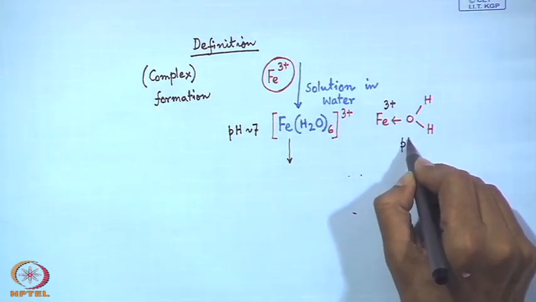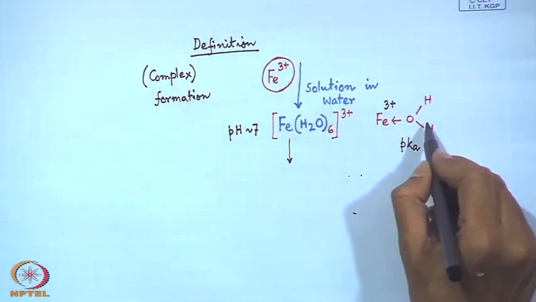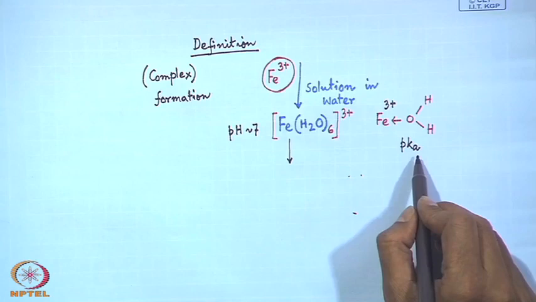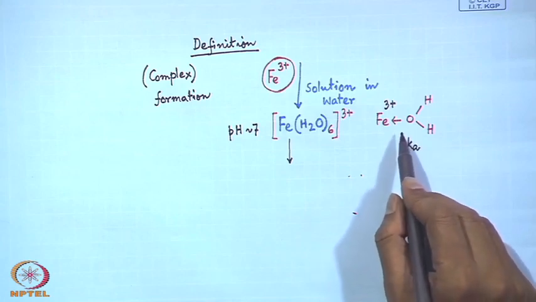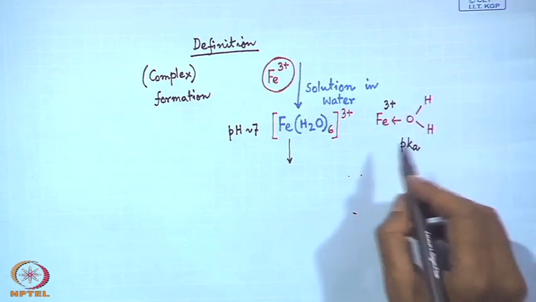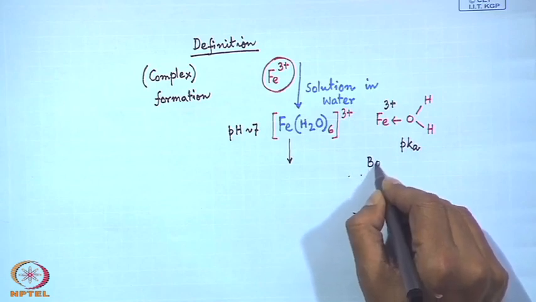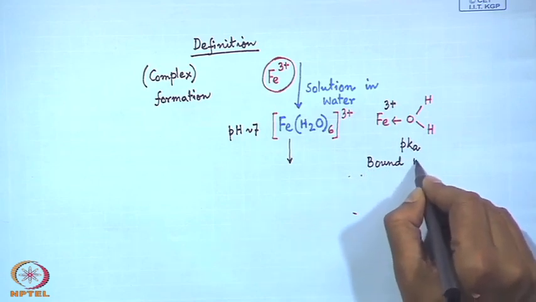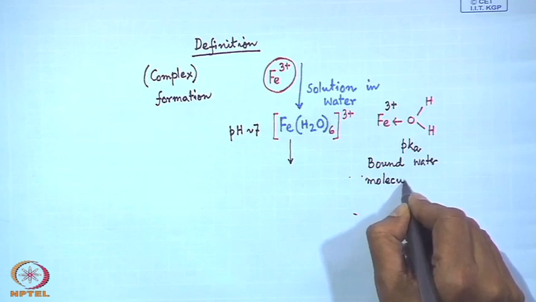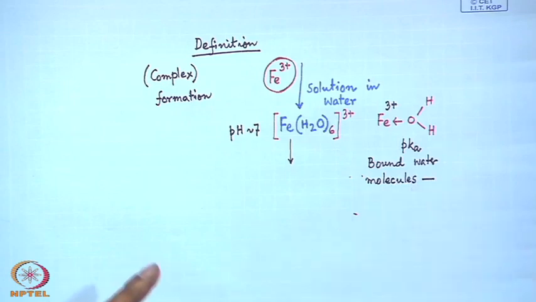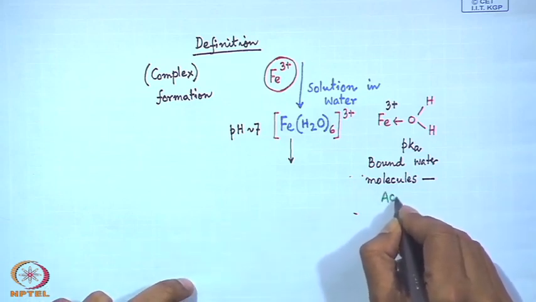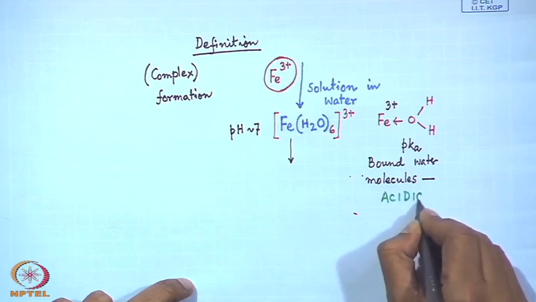Basically the pKa of this OH is changing, and the pKa value is such that we can consider these bound water molecules to ferric ion to be acidic.